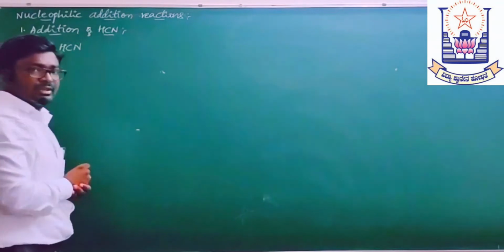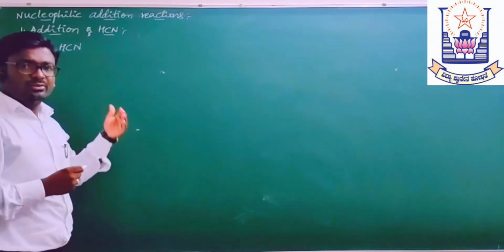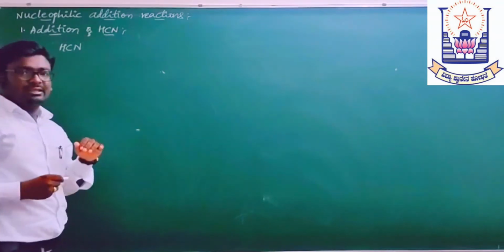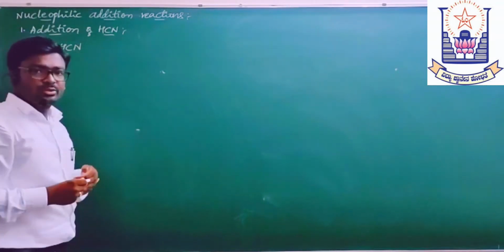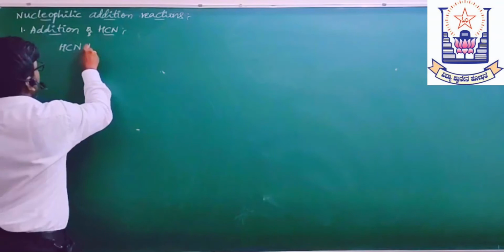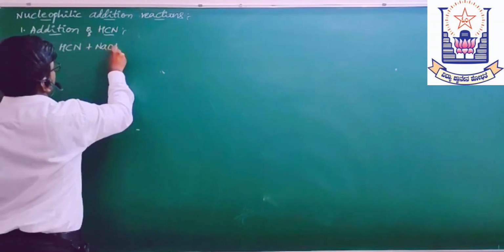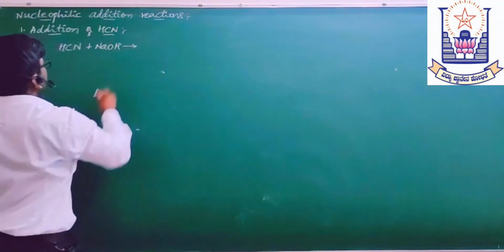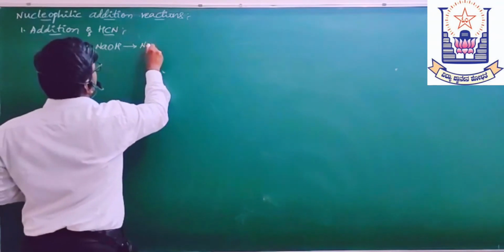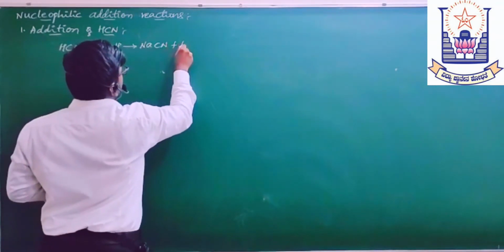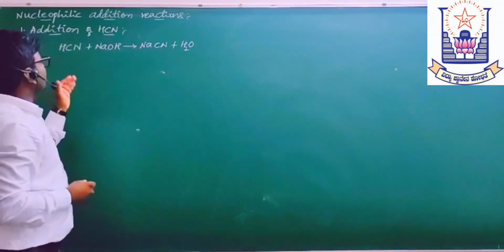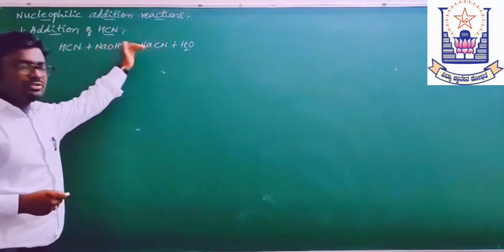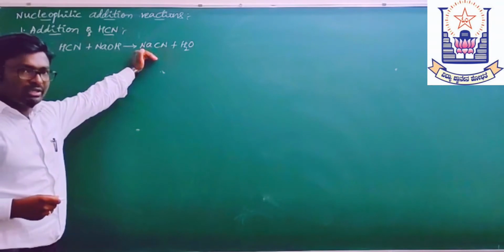Here, we are going to take alkaline HCN, meaning HCN is added to NaOH, for example, and it gives NaCN plus H2O. We are adding HCN to NaOH to get NaCN.